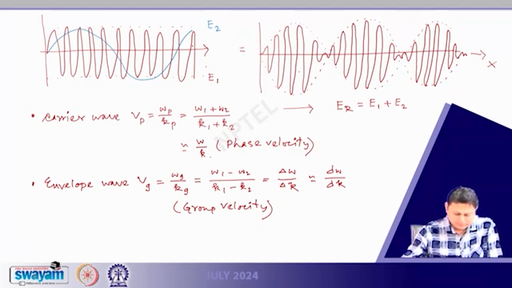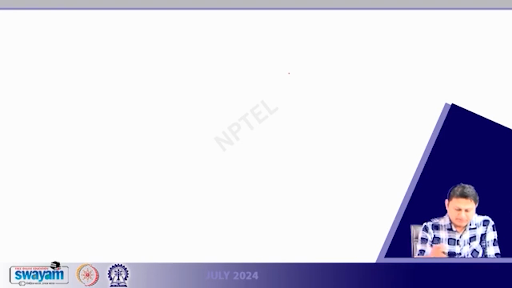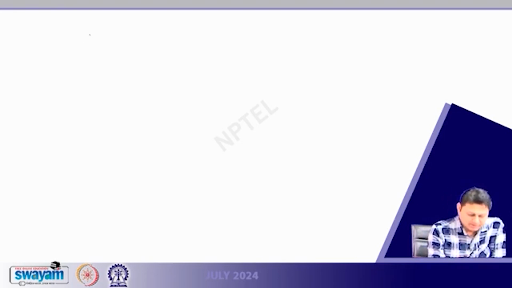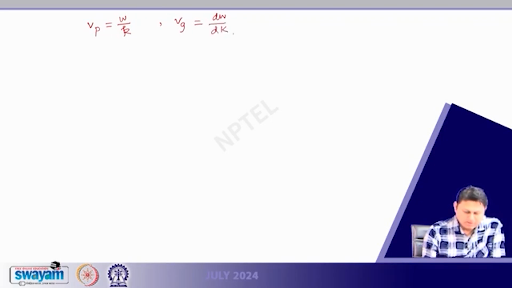Now, from the expression we can write that Vp is simply omega by k and Vg is d omega by dk.